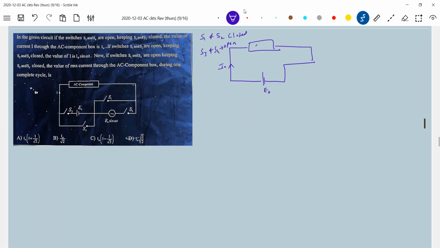You know the concept. Only thing is he is testing through the circuit. That's all. Everyone knows this one. If switches S1 and S2 are open, keeping S3 and S4 closed, then only the AC circuit will come into picture.